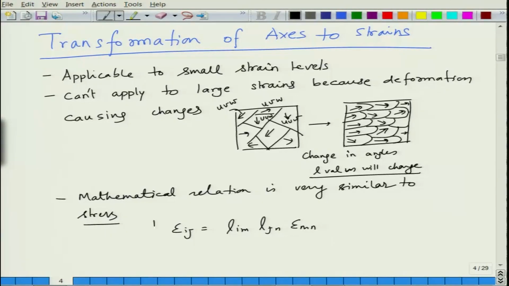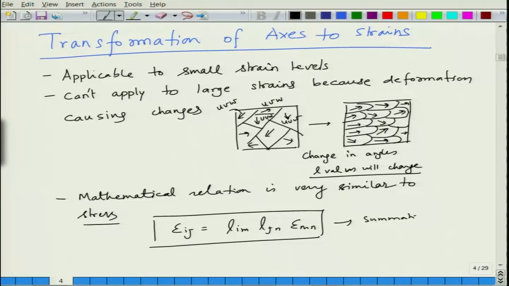So, the summation over different values of m and n is implicit. So, it is built in there. Okay. So, summation for m is equal to 1 to 3, n is equal to 1 to 3 is implicit.